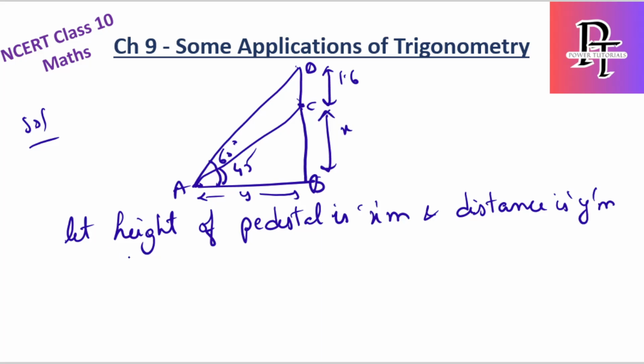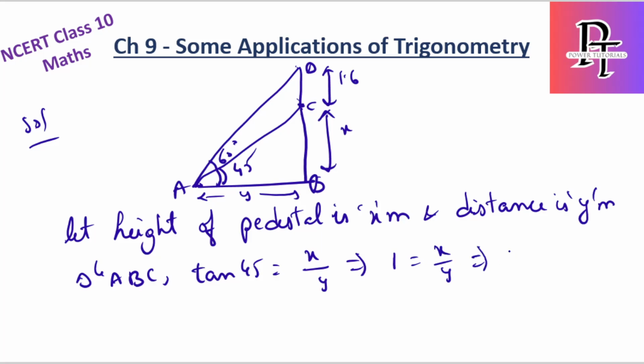So as usual, let's take the small triangle first, which is ABC. In triangle ABC, tan 45 is equal to the opposite side, which is x, by the adjacent side, y. So tan 45 value is 1. 1 is equal to x by y. So again this implies x is equal to y. So you got one condition.